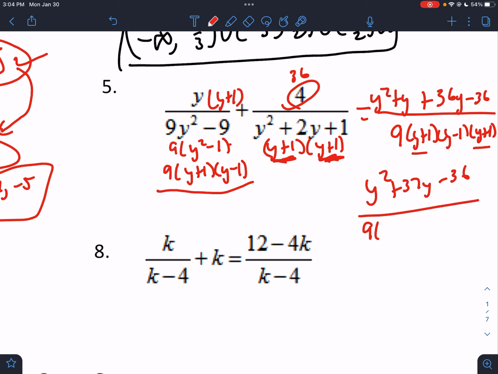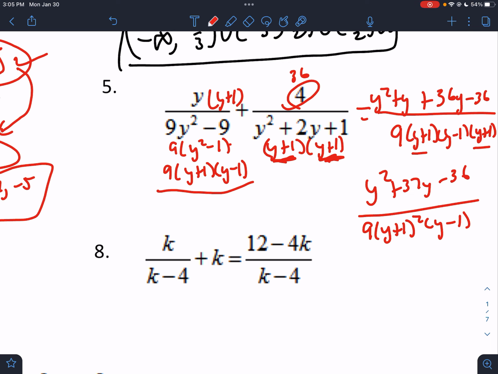Y plus 1 and y plus 1, I can write that as y plus 1 squared and y minus 1. Now, I'm looking at this, and I want to make sure that it doesn't factor anymore. What factors of 36 subtract to equal 37? And they don't. So this one's done.